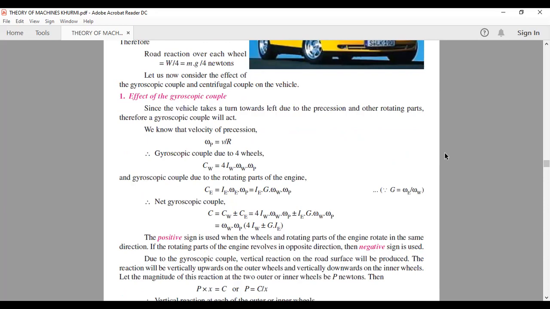So we had the formula for wheels, that is CW, gyroscopic couple due to four wheels, CW is equal to 4 into inertia for the wheels into angular velocity for the wheels into angular precession.